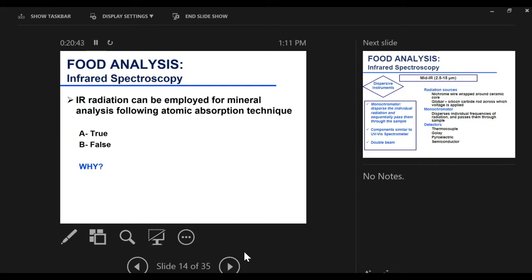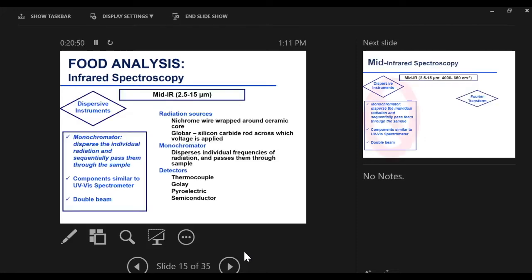Here you see a little bit of detail on radiation sources and detectors. You're not really supposed to know all of this. They're just here for FYI, but I want to explain the difference between dispersive instruments, for example, and FTIR coming up next. In a dispersive instrument, the light is dispersed into singular wavelengths. So you do have a monochromator in your instrument.